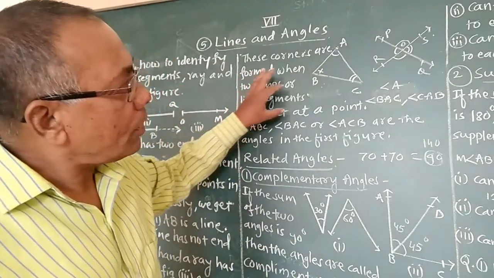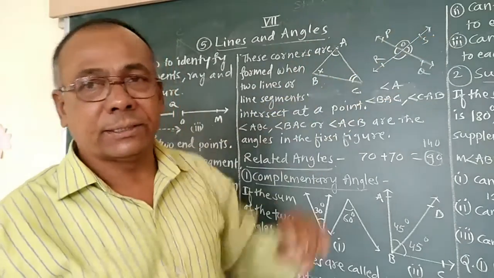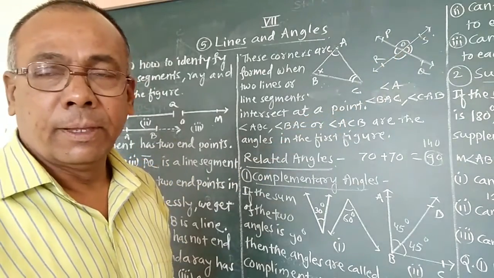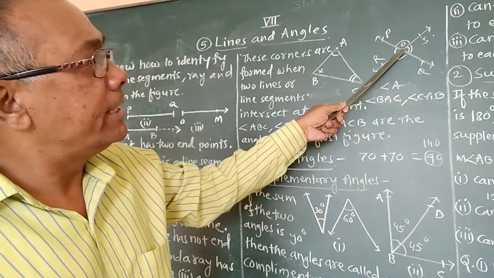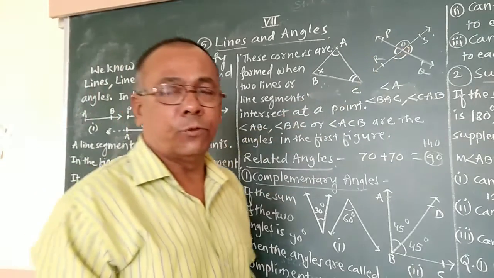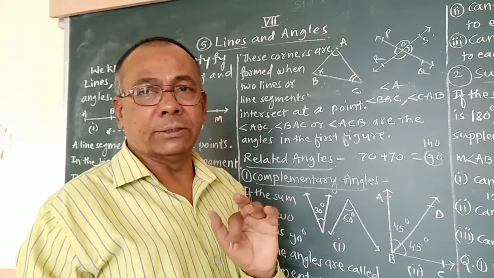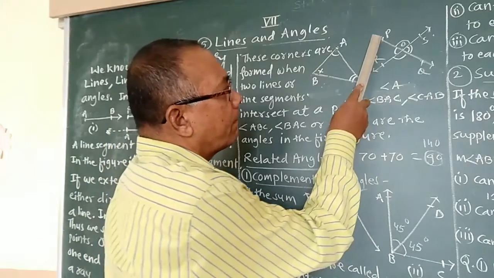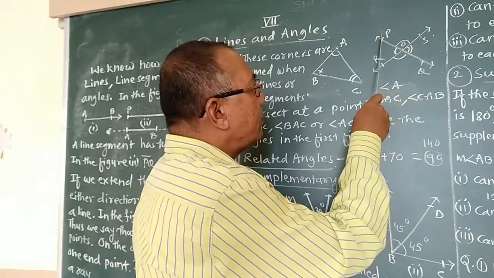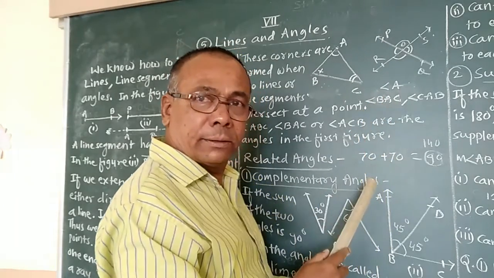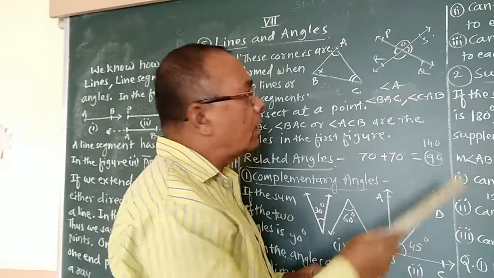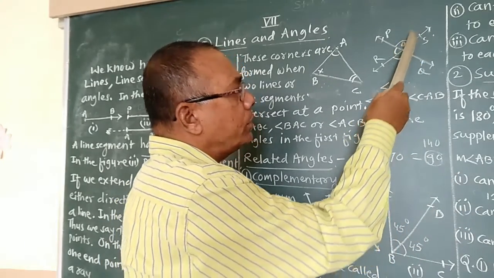Here two lines, PQ and RS, meet each other or intersect each other at O, and therefore here we get four angles, that is angle POS, angle POR, angle ROQ, angle QOS.